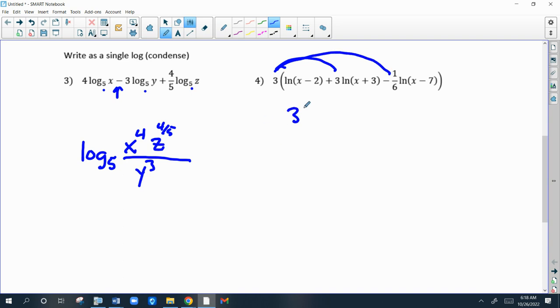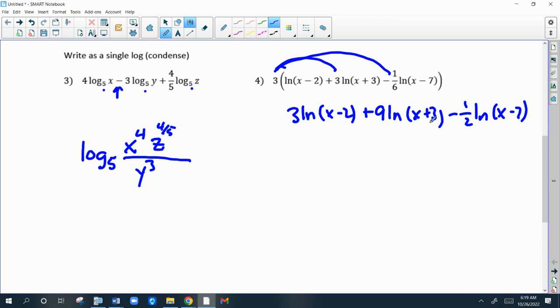It'll make this problem a lot quicker, I think. And 3 times negative 1/6 would be negative 3/6 or negative 1/2. So now we're going to go from here. And now this is just almost exactly like the problem before it.